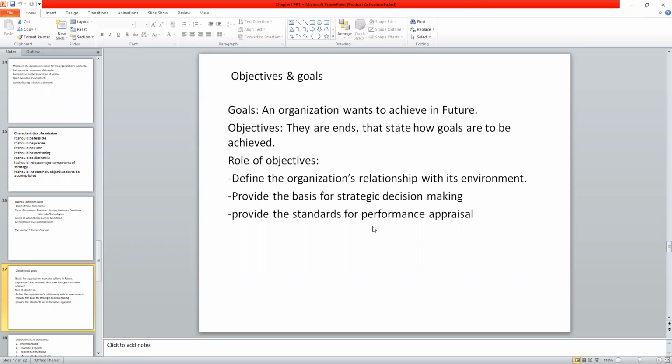So here, the organizations have to assess the relationship with the environment, with the external factors, because any objective which the company sets is dependent upon one or the other factor of the environment.